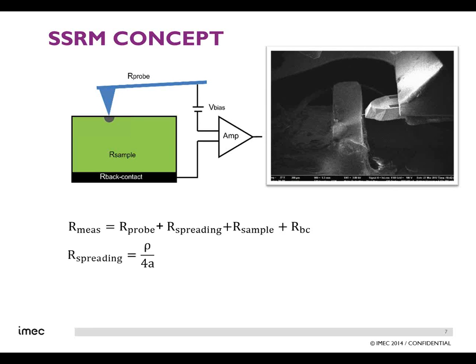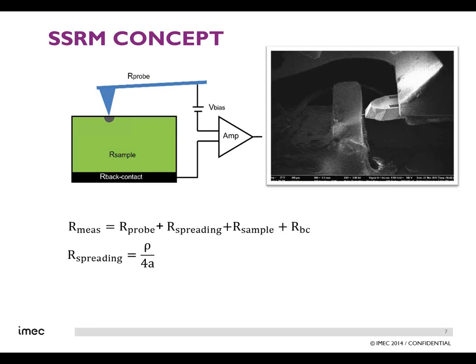As you can see, in a simple ohmic contact mode for a circular contact, the spreading resistance is equal to the resistivity of the material divided by 4 times the size of this constriction, of this electrical radius. So if we are able to get a radius in the range of 1 nanometer, for instance, then we have a spreading resistance which is quite large and which is dominating all the other components.